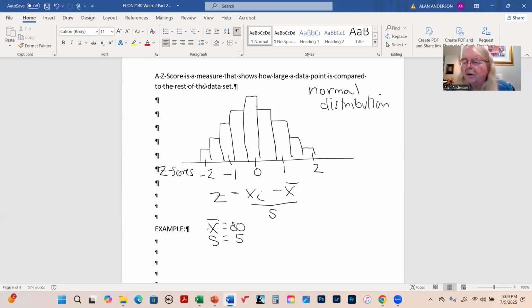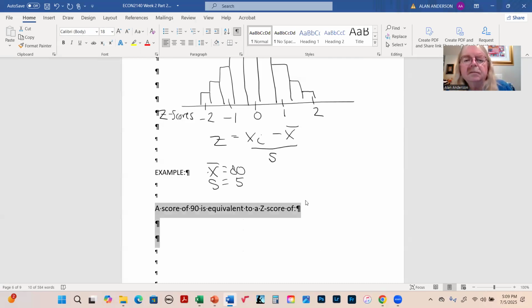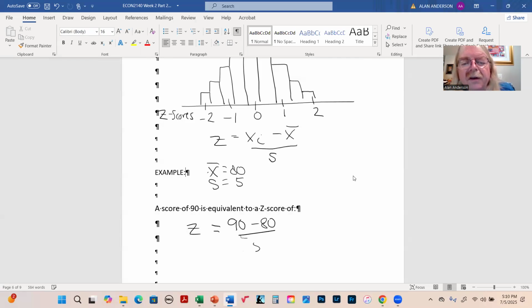So if somebody in the class gets a score of 90, where do they stand compared to everyone else? 90 is your score minus 80, the average, over the standard deviation.